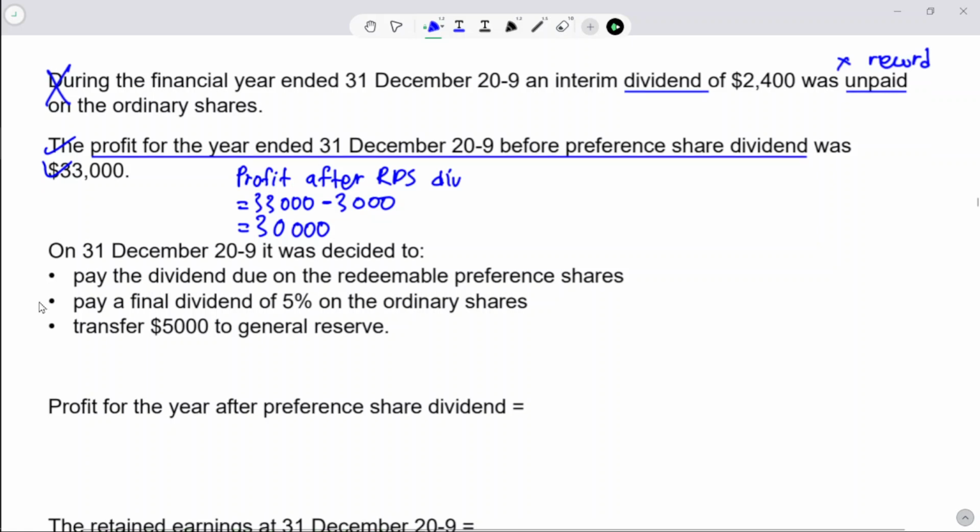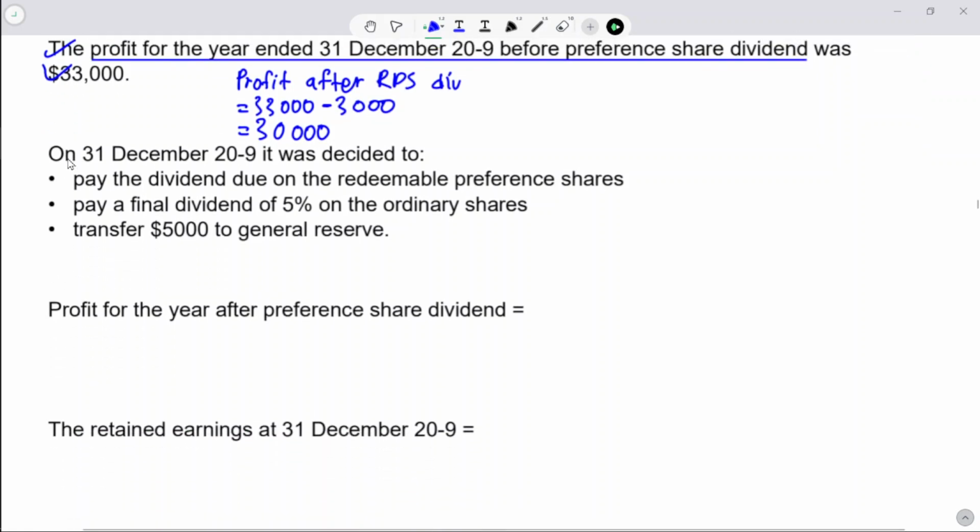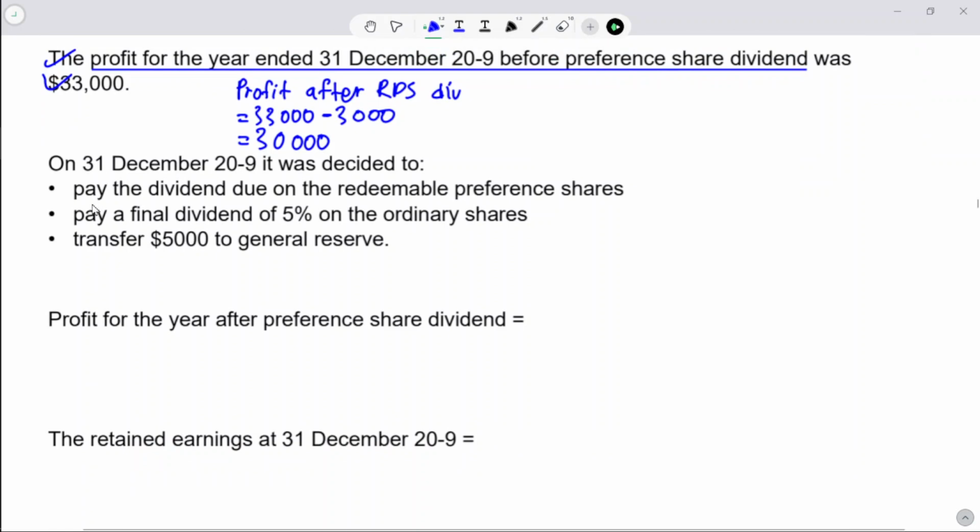So continue. He said get RPS. Okay. RPS dividend. In this case, if RPS dividend is already calculated based on above, then we don't record.